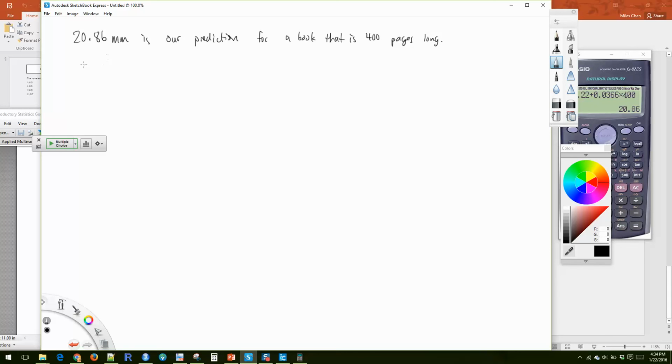But of course, any individual book that is 400 pages long is not necessarily 20.86 millimeters thick.